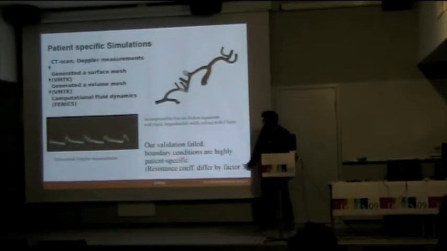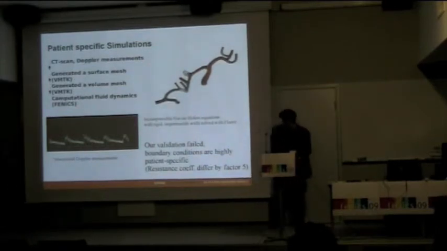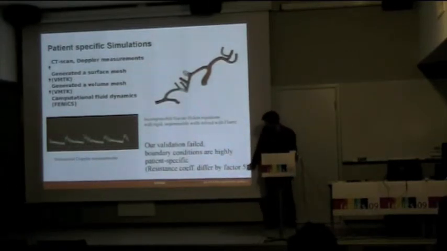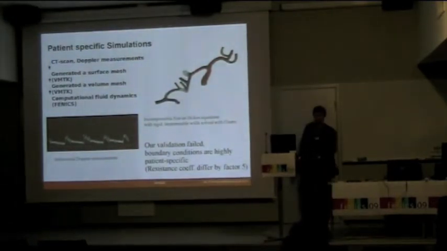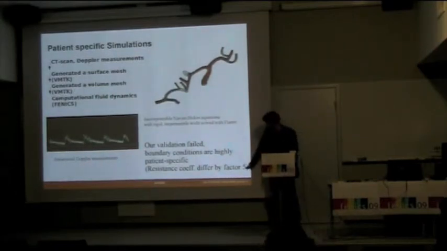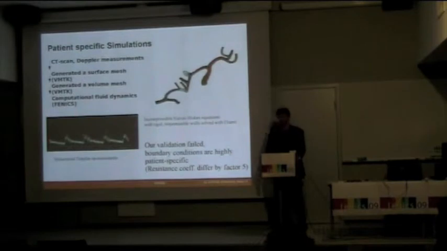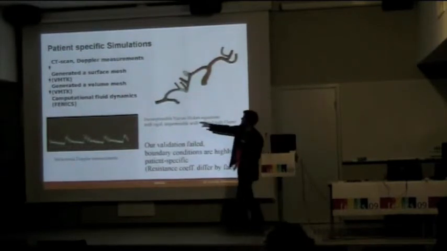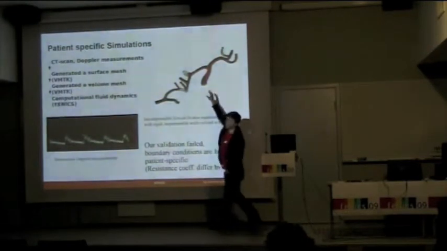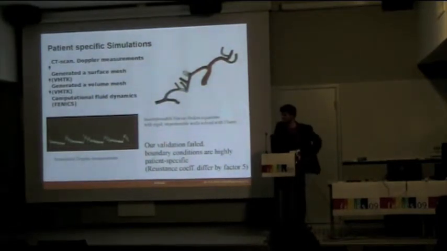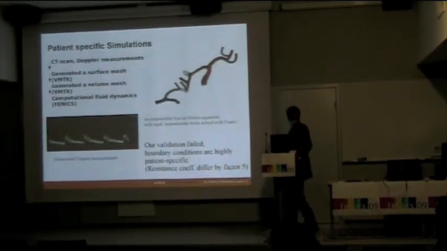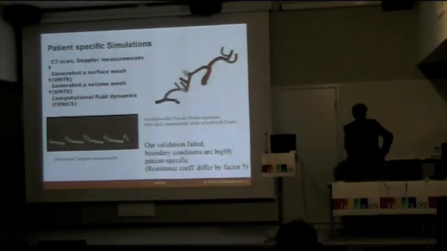This might mean something for the ones that know about this. Basically, we have to change the resistance coefficient by a factor of 5. So it's 5 times bigger here than here. Is this some more resistance, or has it to do with inflow outflow boundary conditions, or what is the resistance?